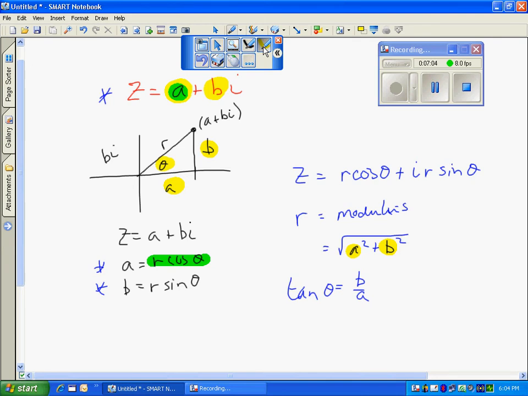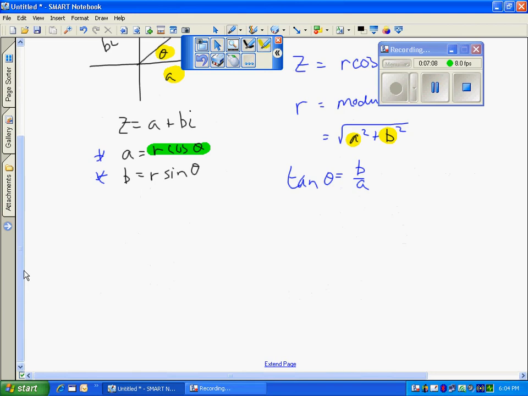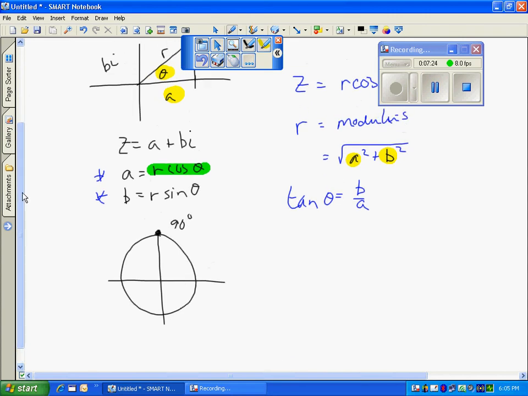So if we just looked at a situation, let's suppose I had a diagram here, and I was at this point right here, which is 90 degrees. So plugging it in up here to z, it would be r cosine of 90 plus i r sine of 90. Now what is r?